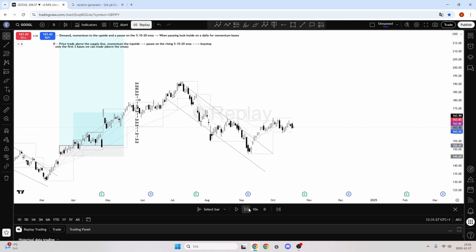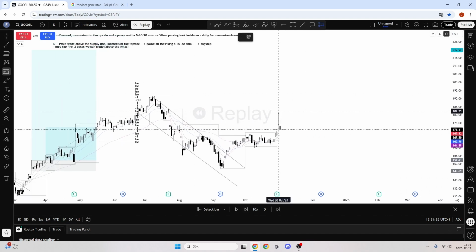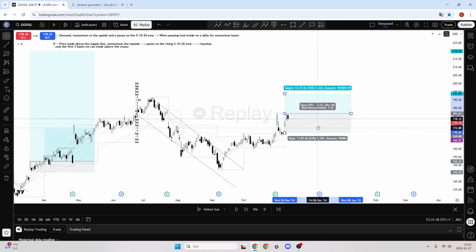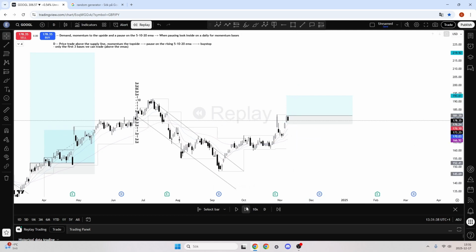Nothing for me to do. Wait for a pause. This is kind of big stop loss, but I will take that for sure. Tapped out.